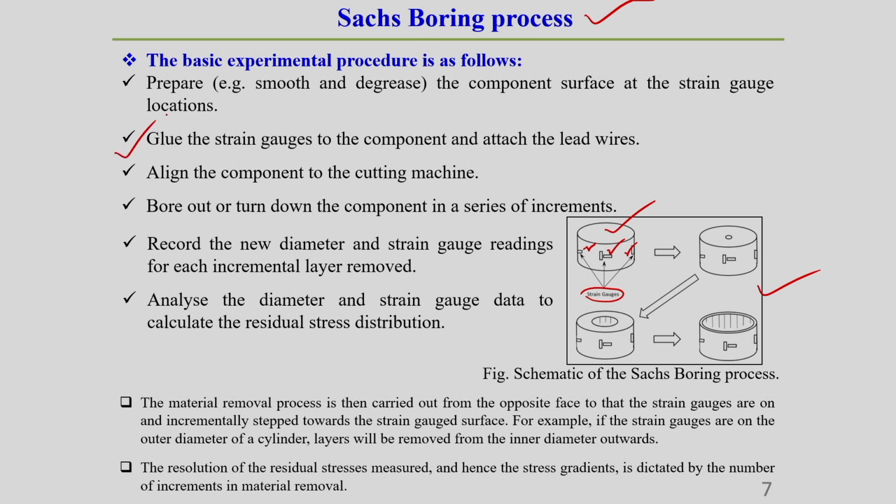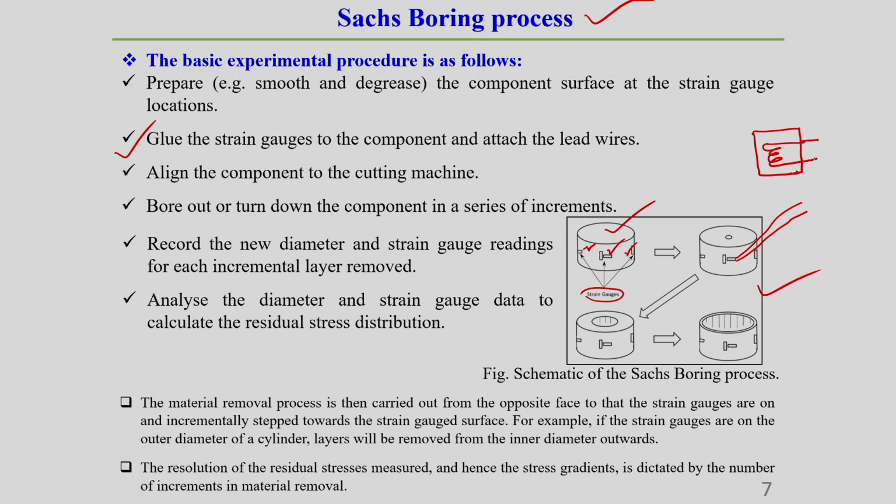So after polishing the surface, what do we require to do? We have to glue the strain gauge to the component, and once we insert this strain gauge to the component, we have to attach the lead wire. The strain gauge has two ends; strain gauges look like a winding of thin wire.